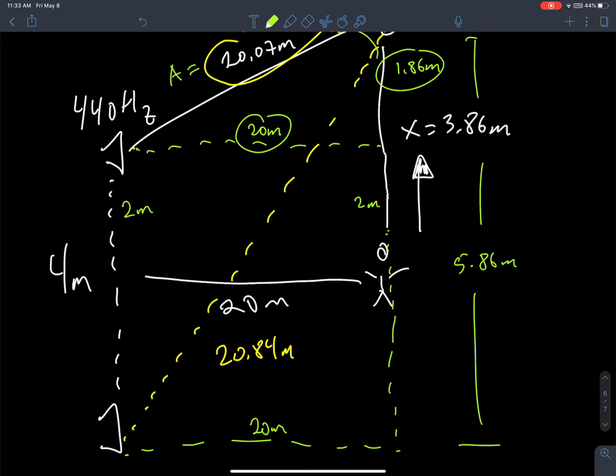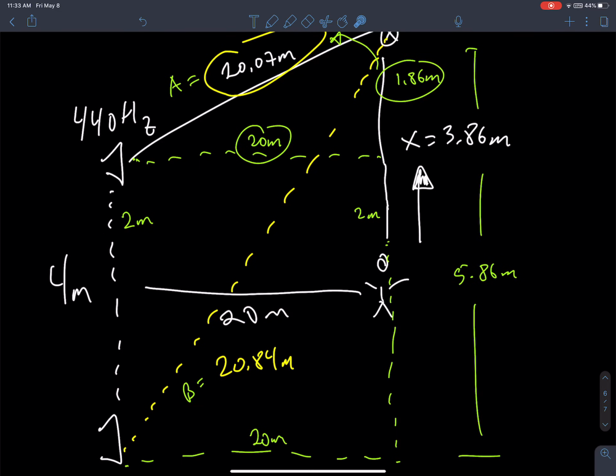And so then using Pythagoras' theorem, I was able to solve for that path length of B is 20.84 meters. So if you subtract 20.07 from 20.84 meters, that'll give me one full wavelength, 0.77 meters. So that's just a proof that this geometry thing works.